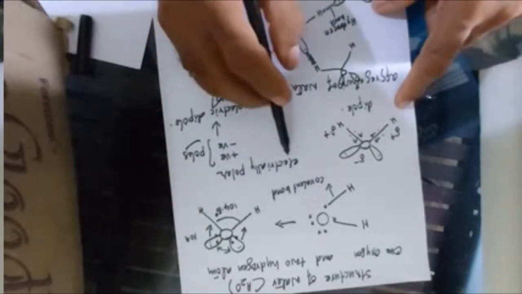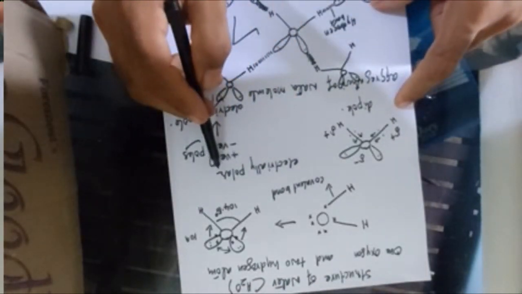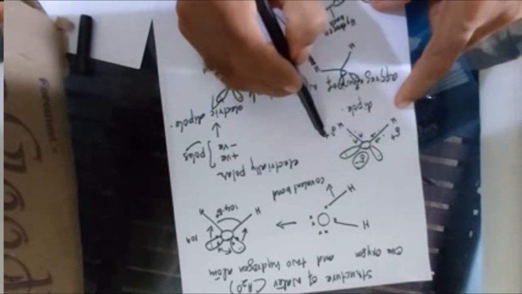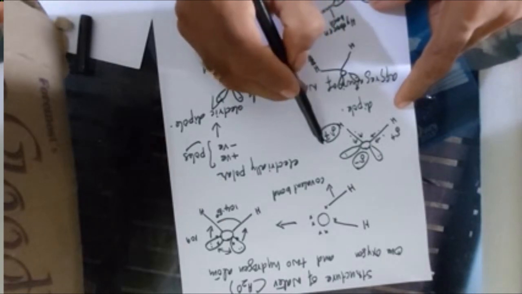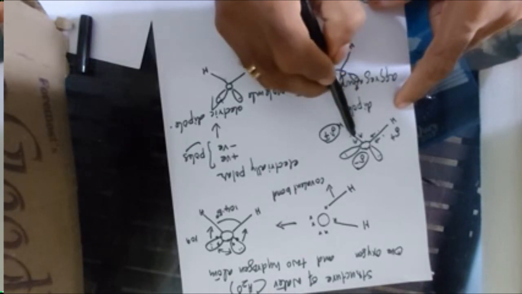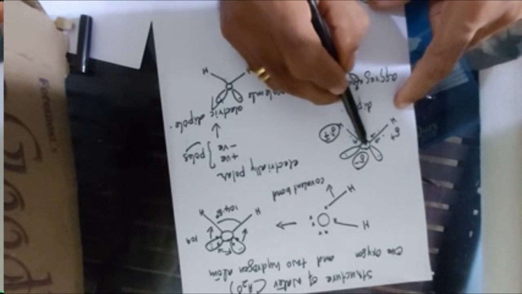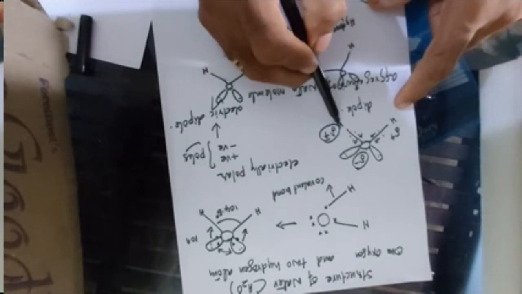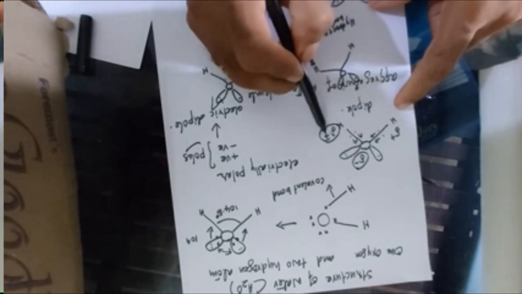Now the water molecule is electrically polar because there is a slight negative charge and a positive charge. And how does it happen? Because of the larger size of the oxygen atom, it has a tendency to pull the electrons towards its side, acquiring a negative charge, while the hydrogen atom loses its electrons, hence it shows a positive charge.